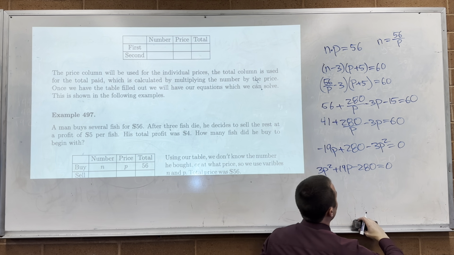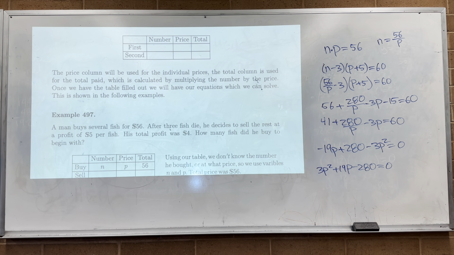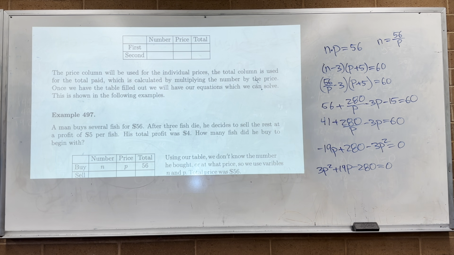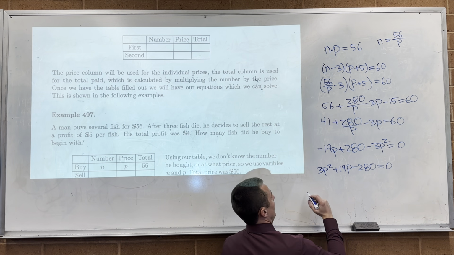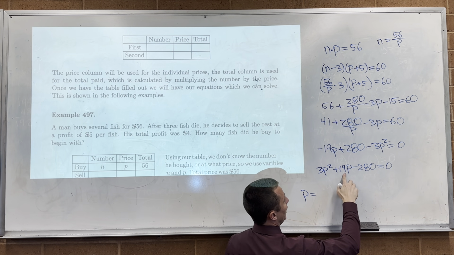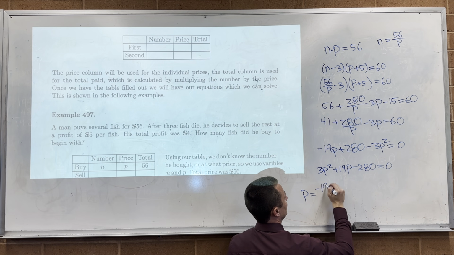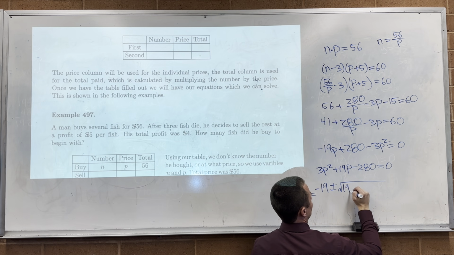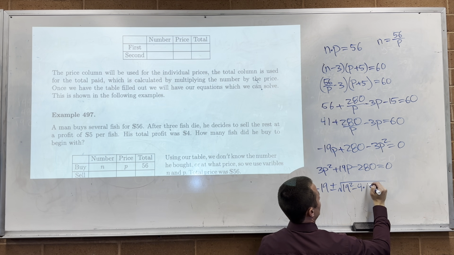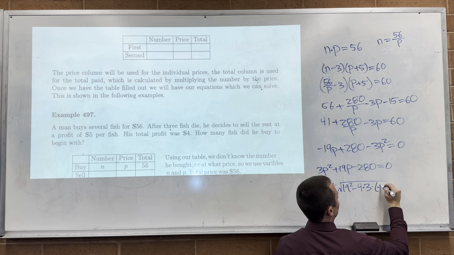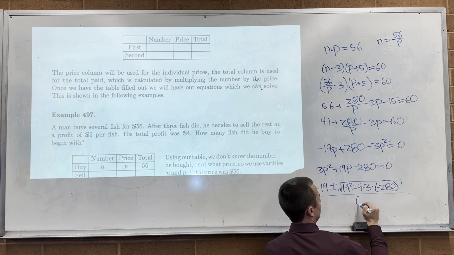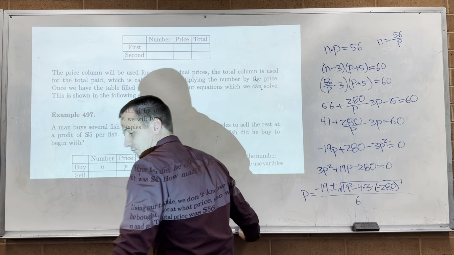Wait, how's it gone negative? But I moved everything to this side. So that became positive, that became positive, that became negative. Okay. And now we'll just use the quadratic formula, the way we know and love. And so p is equal to negative b plus or minus the square root of 19 squared minus 4 times a times c, all over 2a.